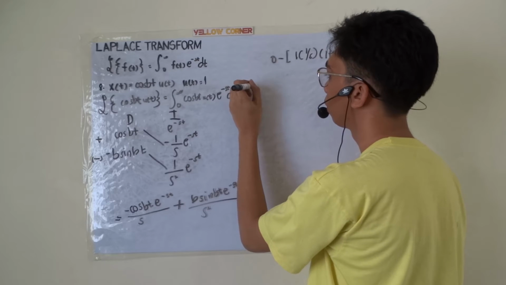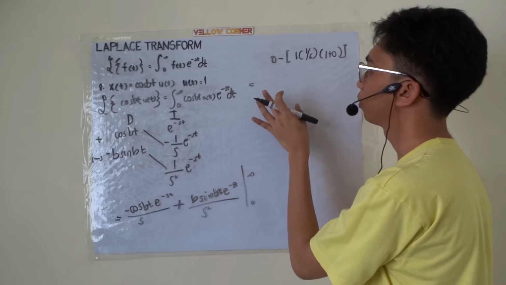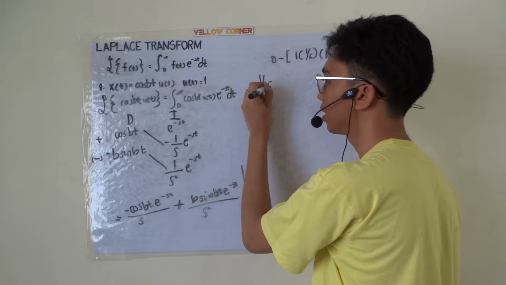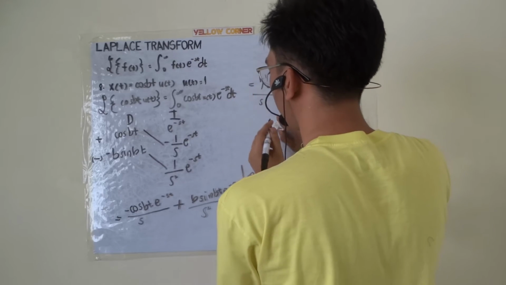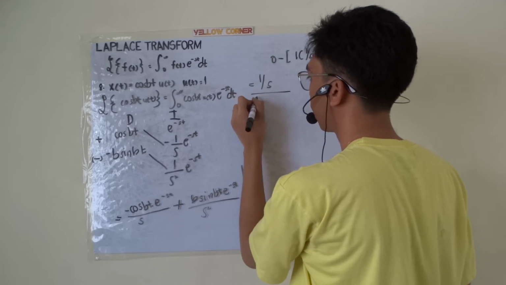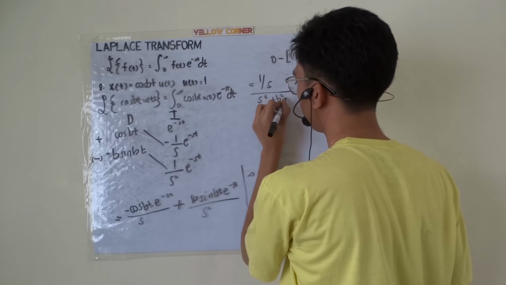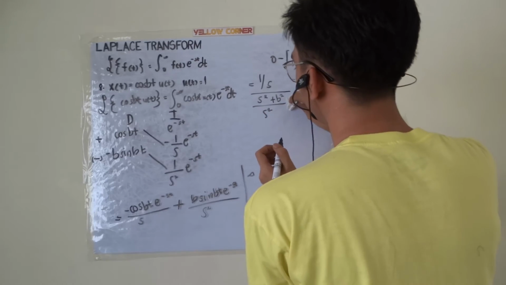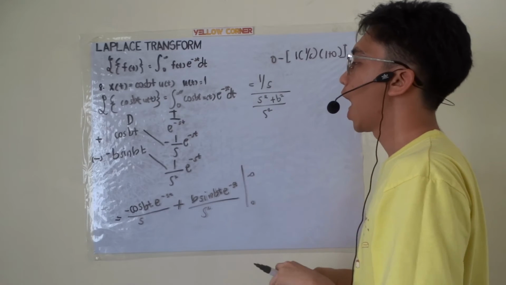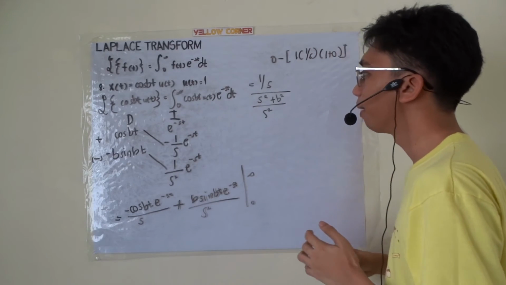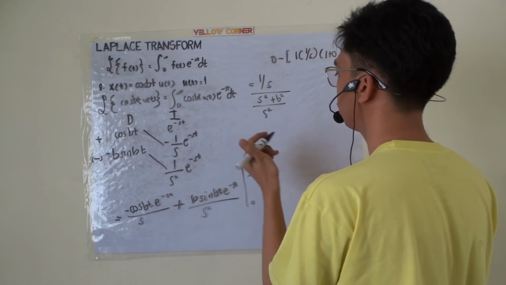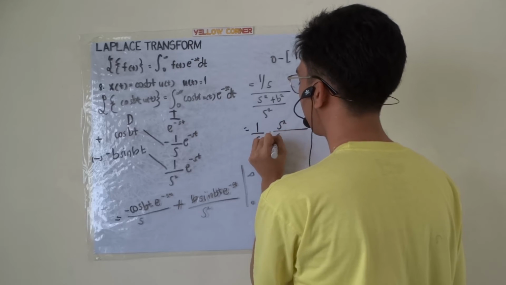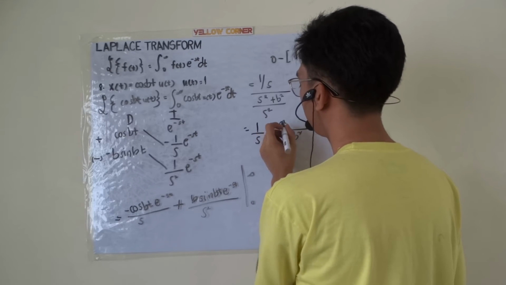And simplifying the terms from the limits, we'll be having 1 over s over s squared plus b squared over s squared is equal to, simplifying this term by the laws of algebra, simplifying fractions, we'll have 1 over s times s squared over s squared plus b squared.